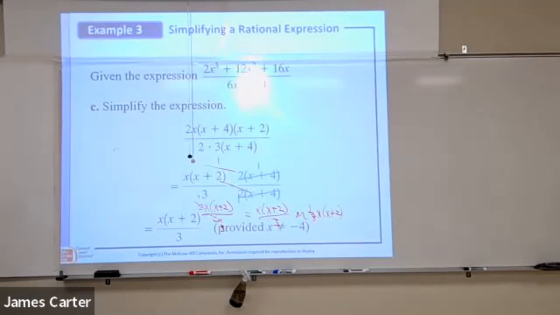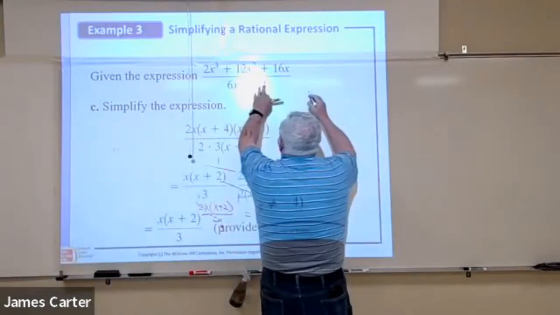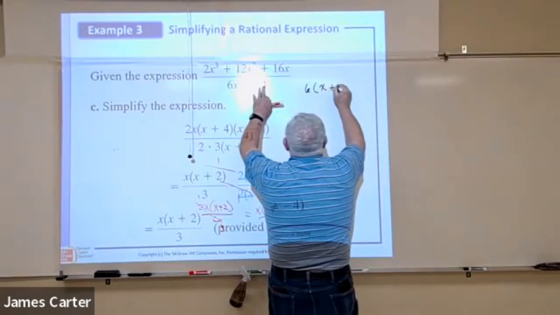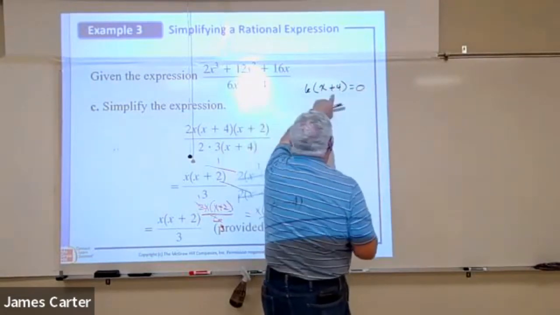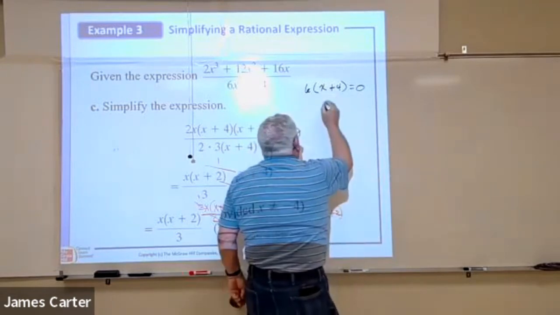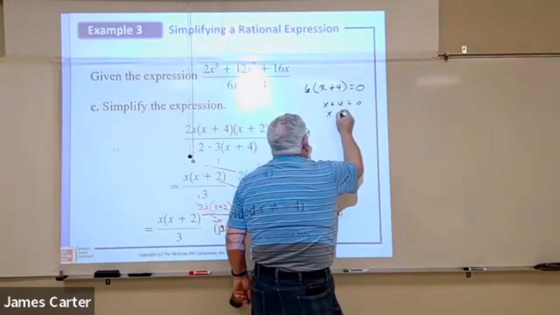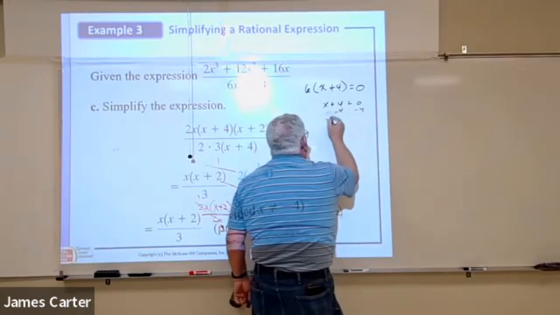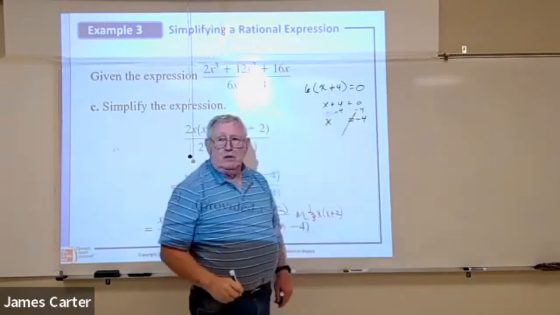Well, they had already factored a 6 out of it. x plus 4 equals 0, x equals -4, so it can't be -4.